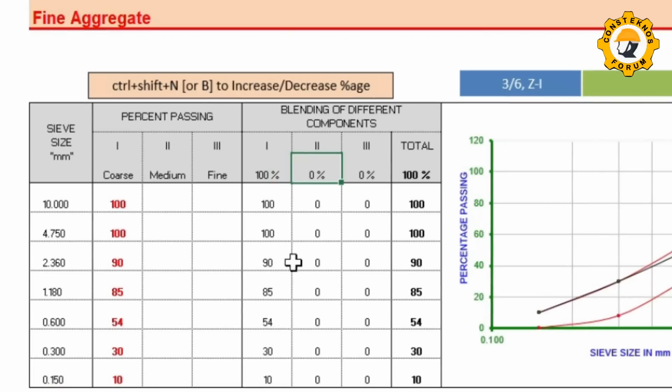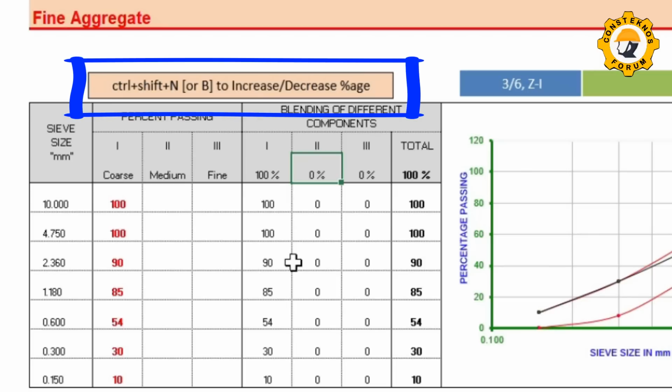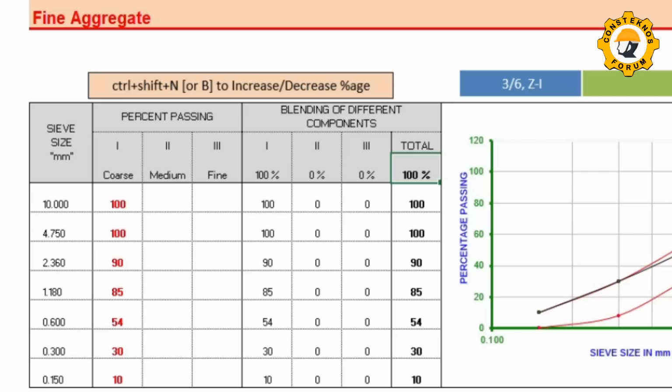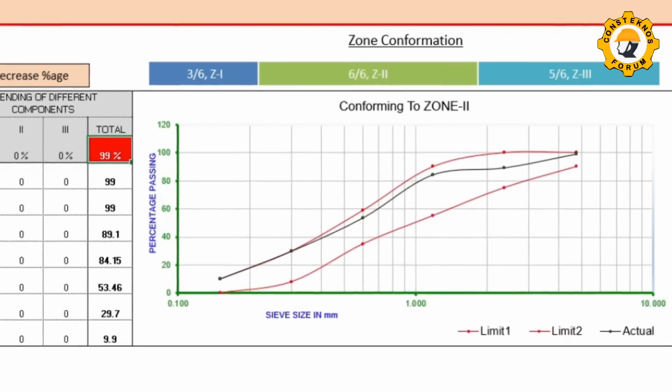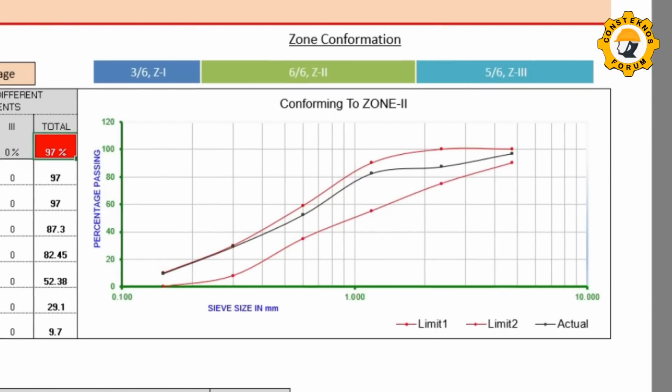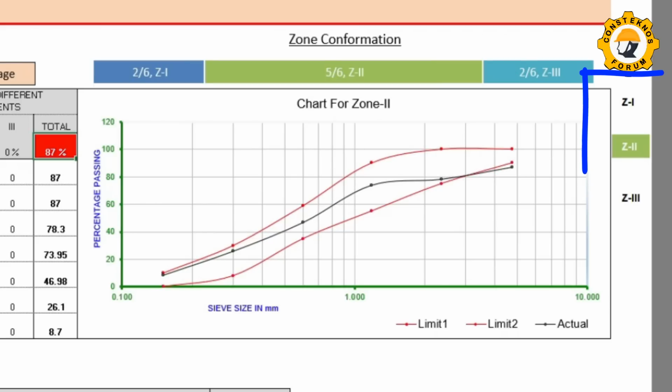If you are satisfied with this combination, then it is okay. Otherwise, as explained before for coarse aggregate, you can change the combination by pressing the Ctrl Shift B or Ctrl Shift N key combination. One thing to note here is that if our combined grading does not satisfy any of the 3 zones, you will see 3 options displayed on the right side of the chart.